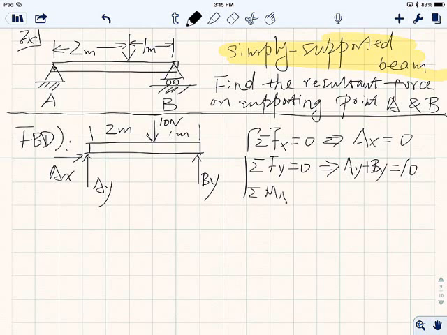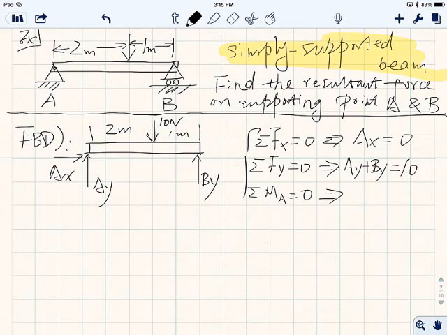So we have summation MA equal to 0. For summation MA, we artificially assume A is pinned, and all the other forces will cause moment about point A, right?